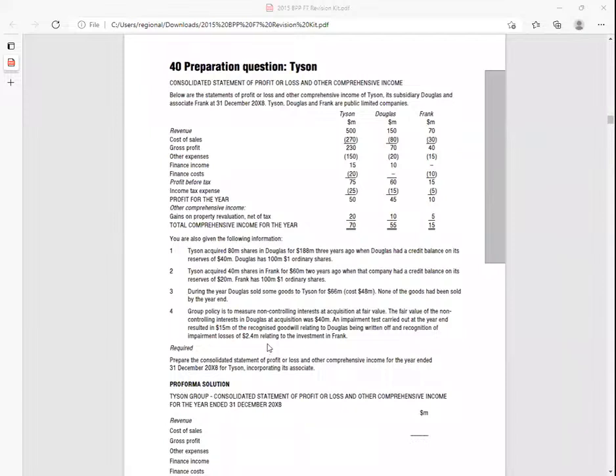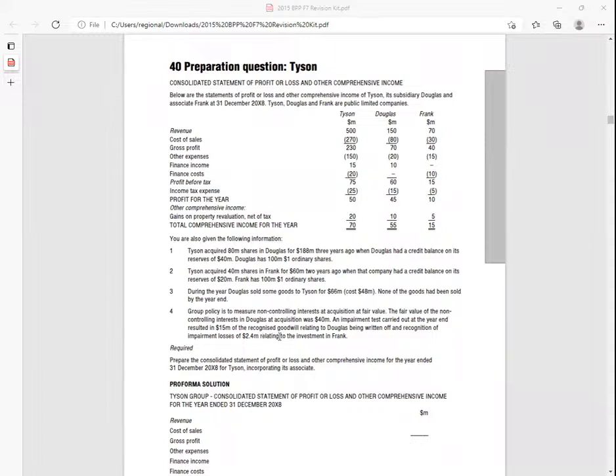Remember, they are talking of 2.4 for our investment. This investment of 40% that we have in Frank lost value worth 2.4. So already they have taken care of the 40% well within this.